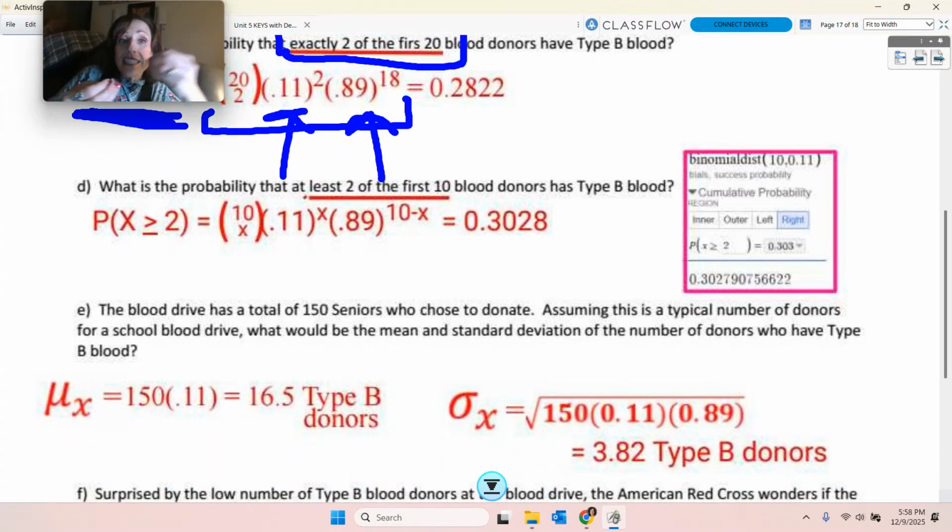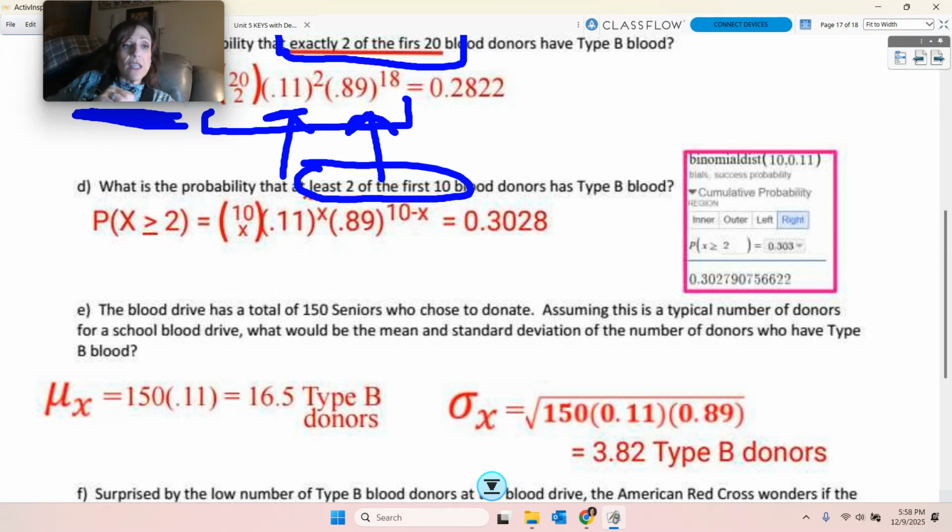Now this is an accumulation. For at least 2 of the 10 are type B blood, that's X is greater than or equal to 2. So my X is changing: 2, 3, 4, 5, 6, 7, 8, 9, 10.